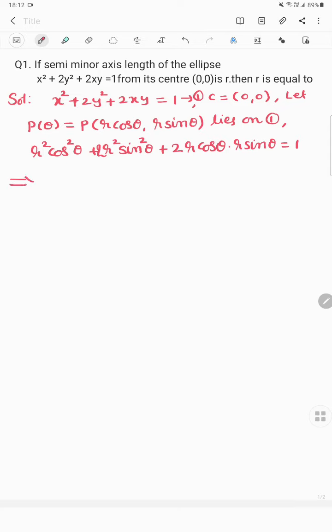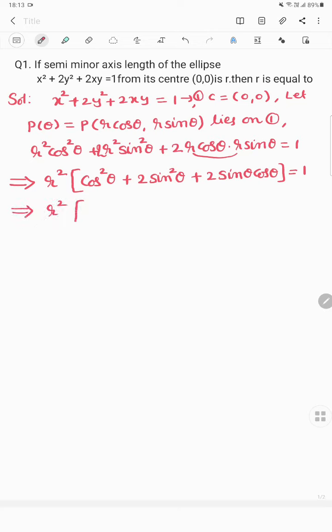That implies r square take common: cos square theta plus 2 sin square theta plus 2 sin theta cos theta is equal to 1.